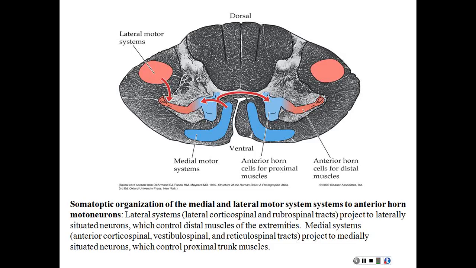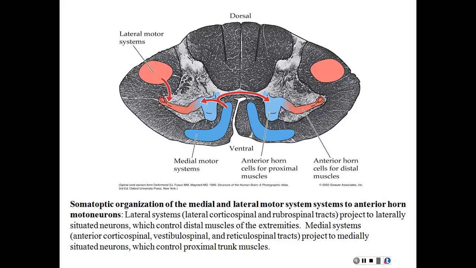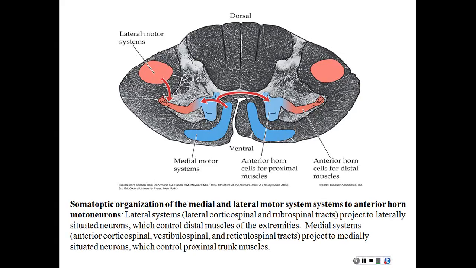So, we get into this idea of a somatotopic organization. Here are our lateral and our medial neurons, and there's the representation of the body. Look at this. Here is our limb, our hand, our wrist, arm, elbow.